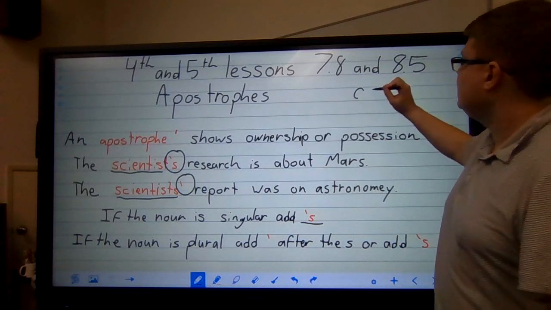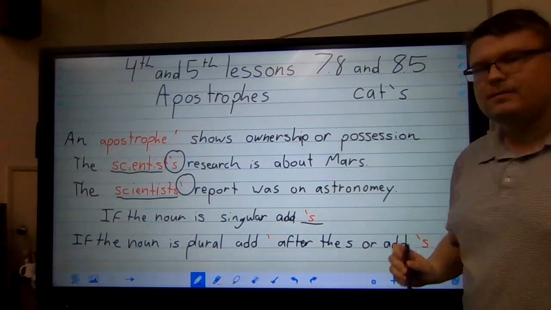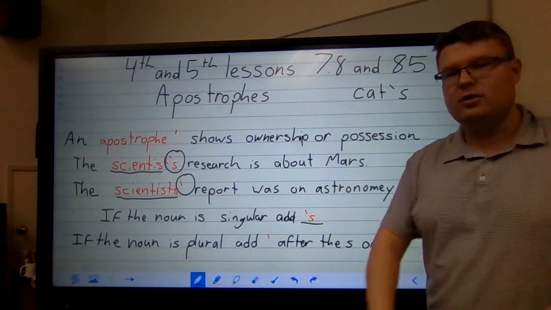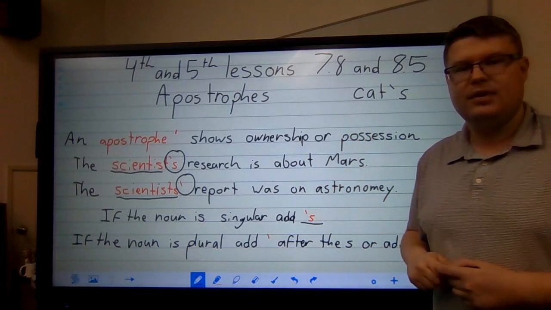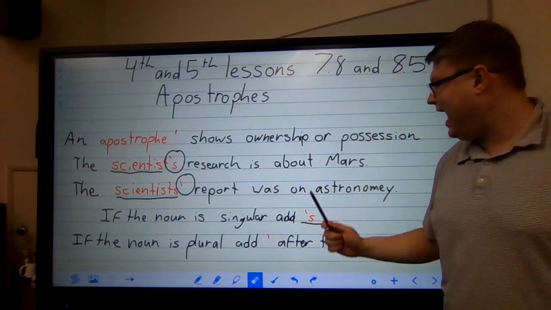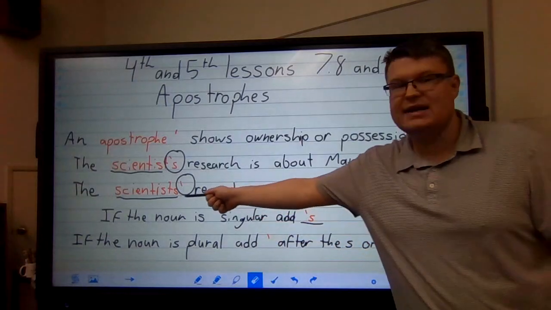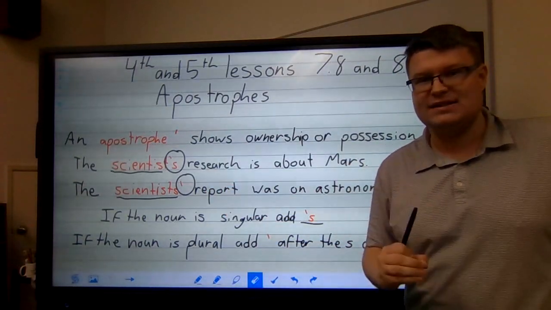Have a cat, you will make that cat's. When it is singular, meaning one thing, you will always add apostrophe S. If the noun is plural and ends in S, like scientists, you add an apostrophe after that S.